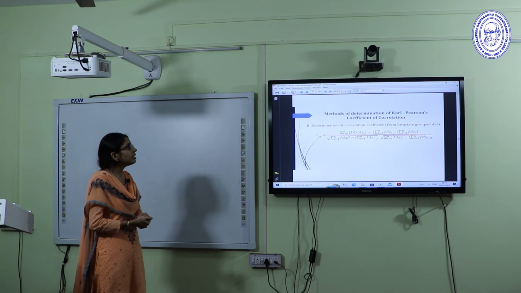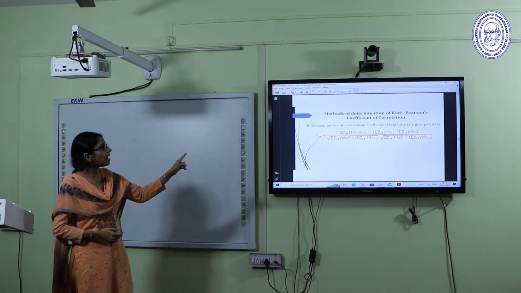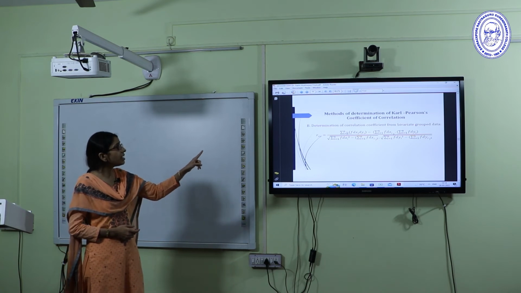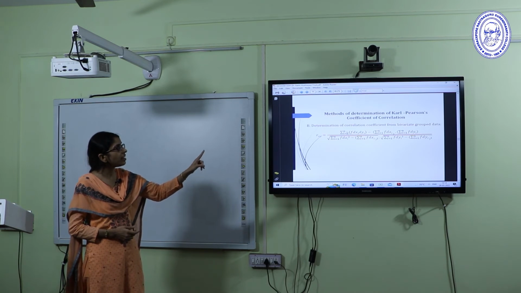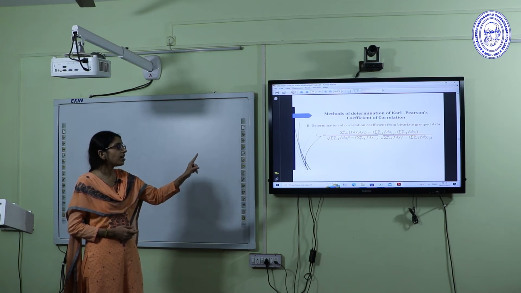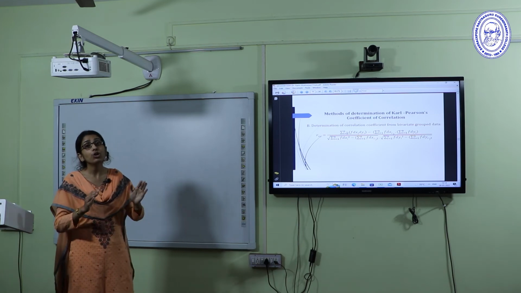Now when you have grouped data, you may perform this through Rxy equals summation f dxi dyi minus summation f dxi into summation f dyi divided by the square root of summation f dxi square minus (summation f dxi) whole square into summation f dyi square minus (summation f dyi) whole square. This is applicable for grouped data.